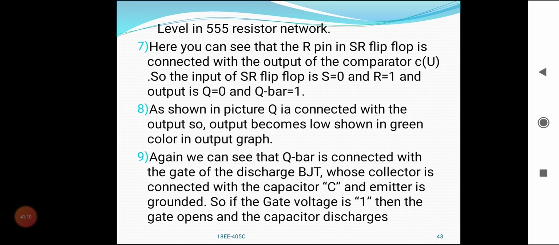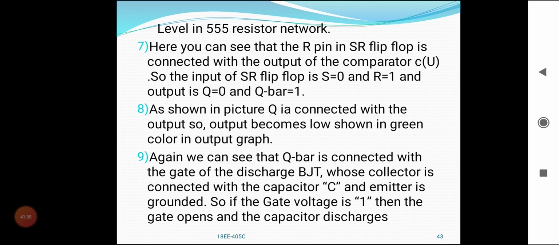That means the output is reset to logic low level. Then its complement Q bar is equal to 1. As shown in the picture, Q is connected with the output, so the output becomes low, shown in green color in the output graph.